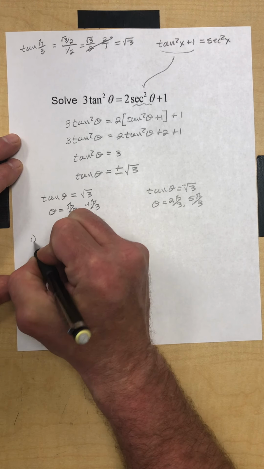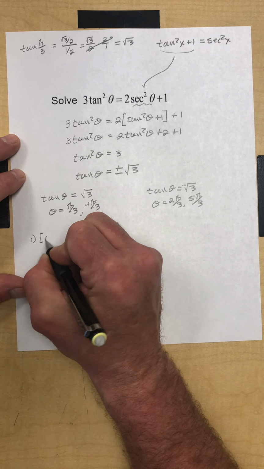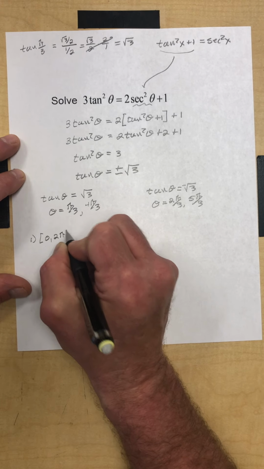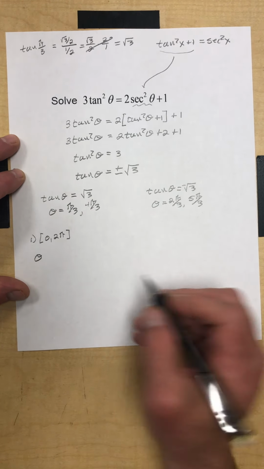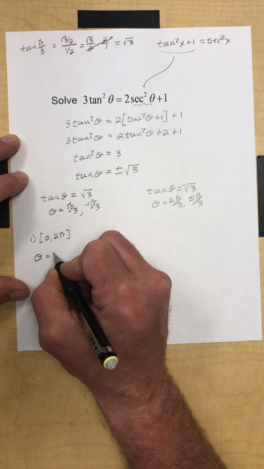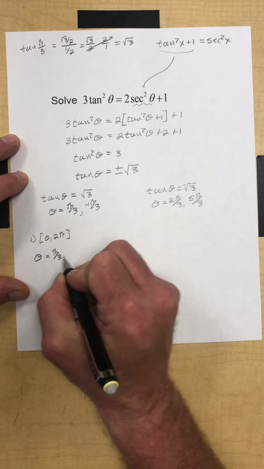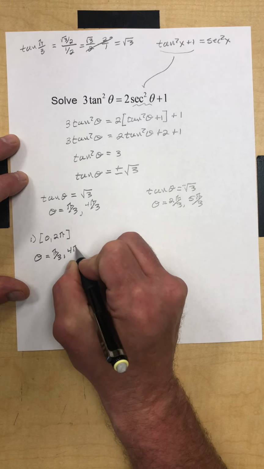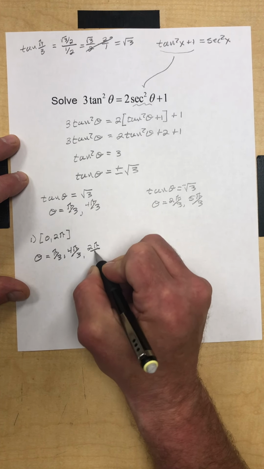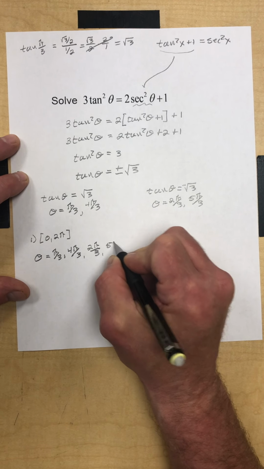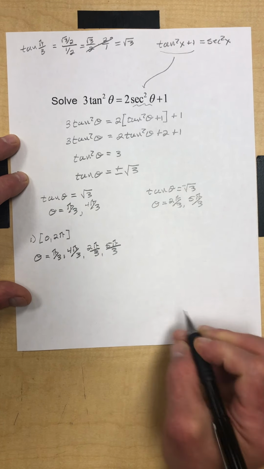So on 0 to 2 pi, theta, and if you put x equals rather than theta, it doesn't make any difference, we'd have pi over 3, 4 pi over 3, 2 pi over 3, and 5 pi over 3.